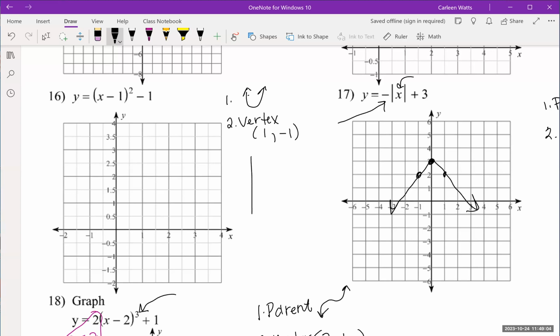Let's make our table. Okay, +1, -1 goes in here. So +1, -1 is the vertex. 1 to the left would be 0, 1 to the right would be 2.